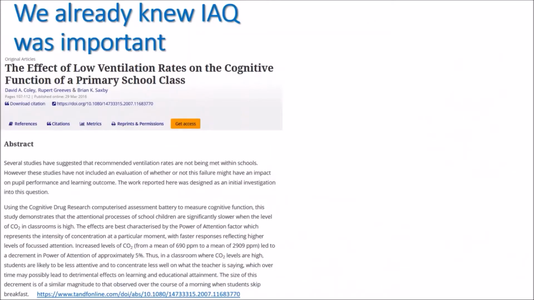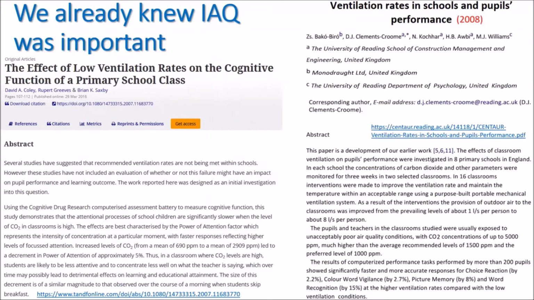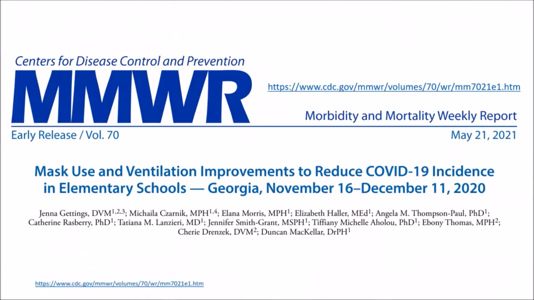And we already knew that indoor air quality in classrooms was important. We've seen studies that show that low ventilation rates affect cognitive function in schools and performance in classrooms. And this has been known for quite a while. Also, recently, there were studies that compared using masks and ventilation to reduce COVID incidence in elementary schools.